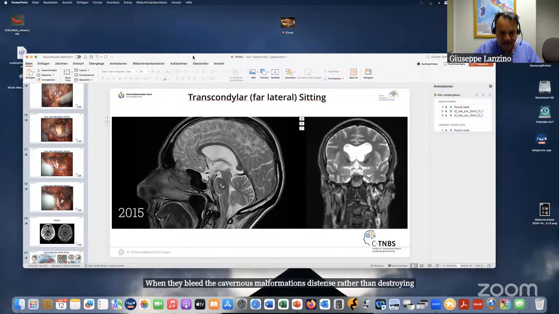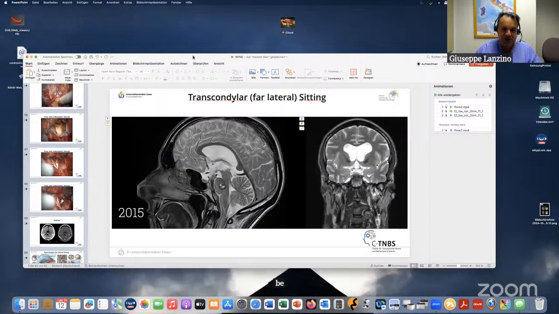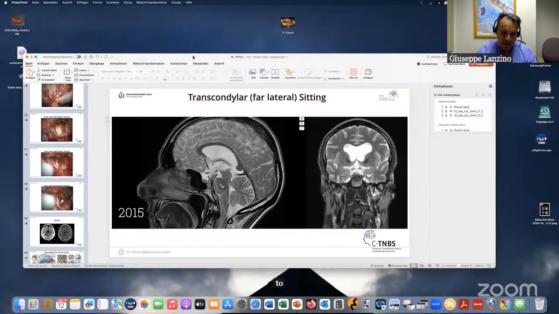So it's important to be extremely patient and careful, especially in the initial parts where you get the impression that the cavernous malformation is terribly stuck to the surrounding brain.